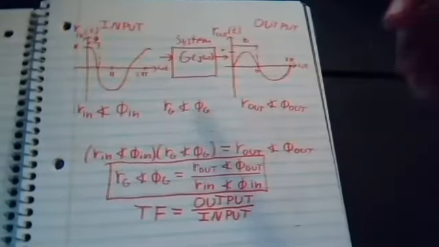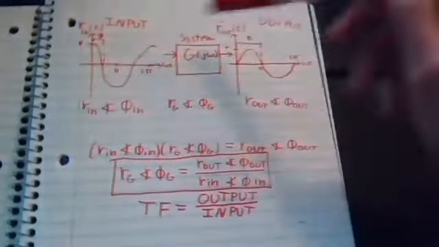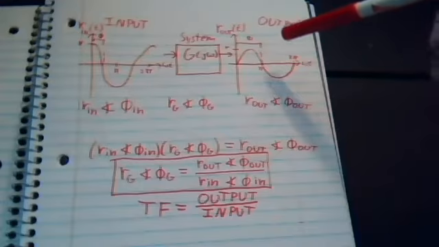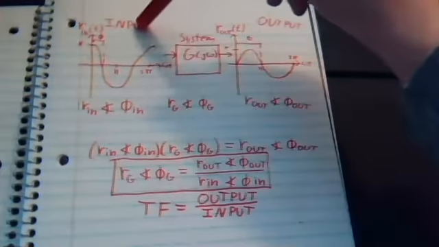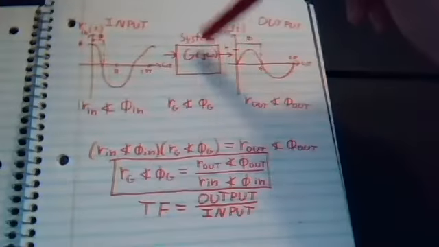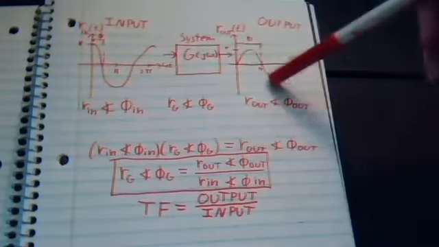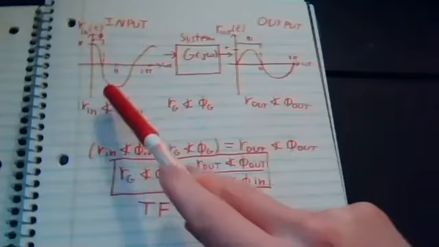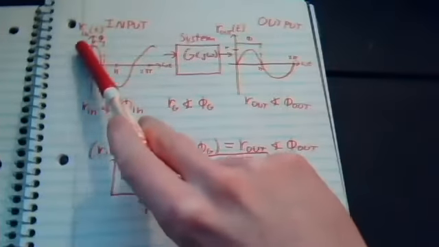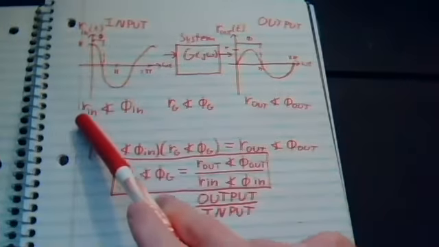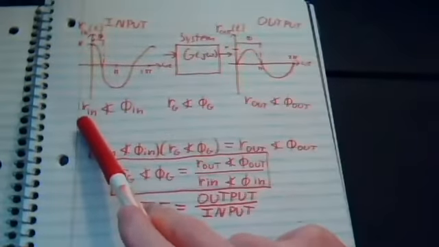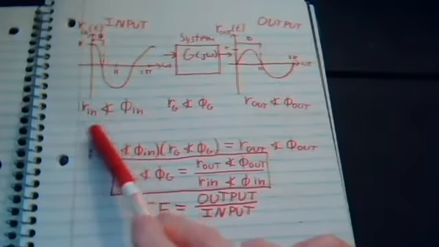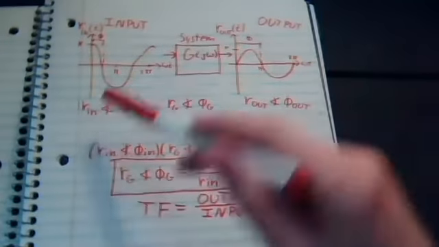So say, for example, we have an input sinusoid, we have an output sinusoid, and the way we got this output sinusoid is by passing this input through this system. And the resulting output is this one. We can see that the input has some peak value, which I've written as R here. So we have R and some phase shift, phi. So we could describe that in polar as R at an angle of phi using the polar setup we described earlier.